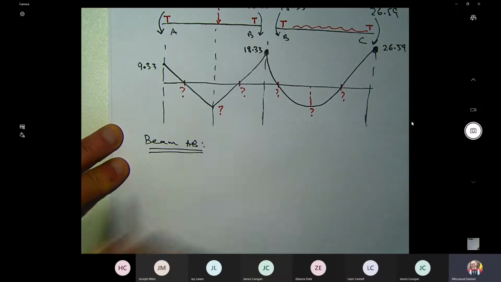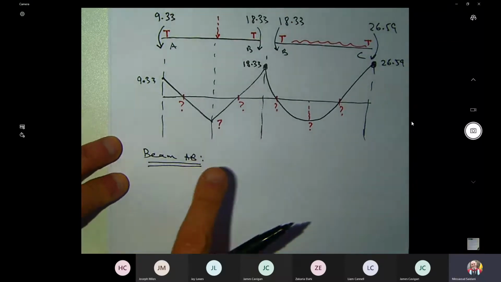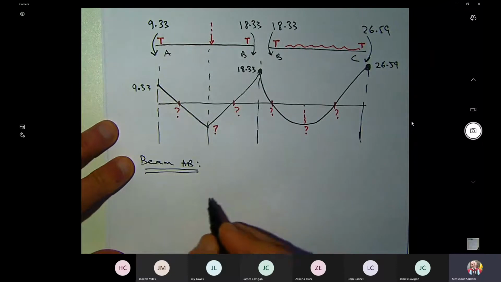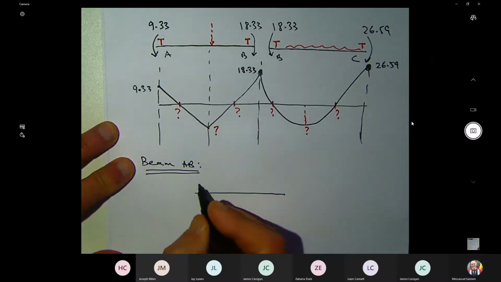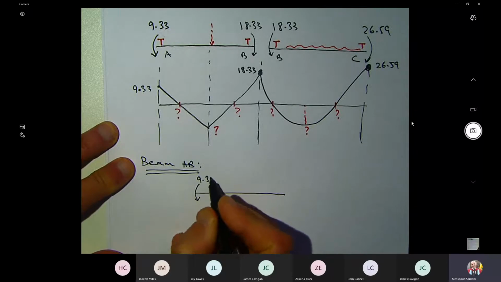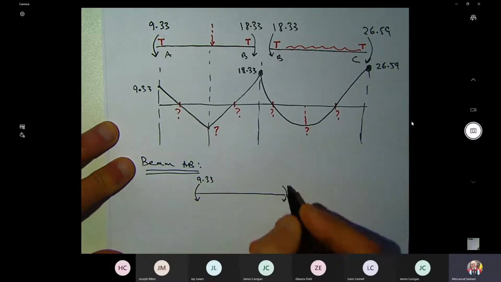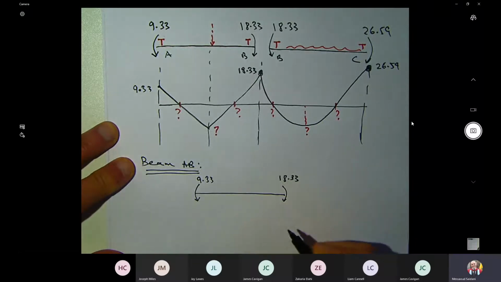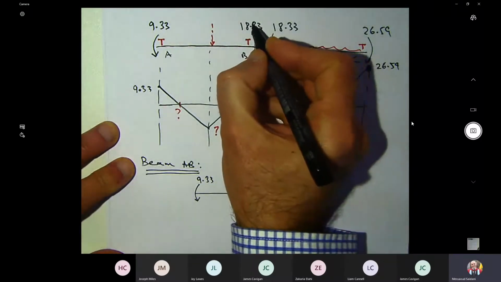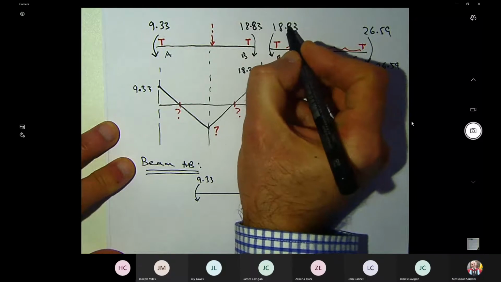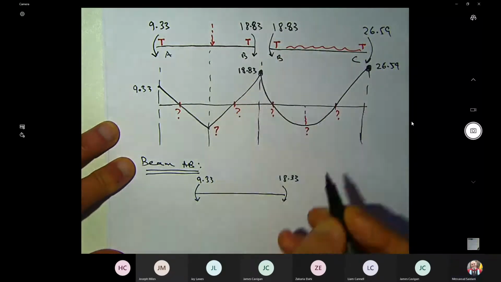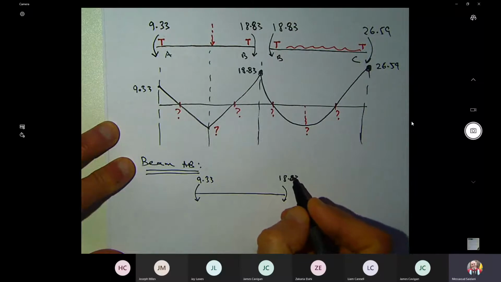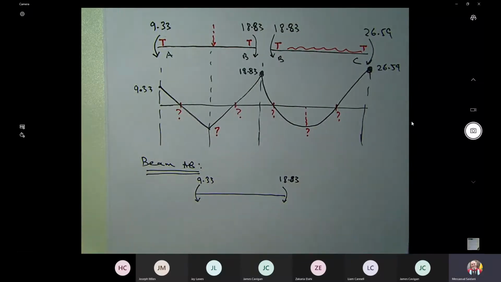So we start with beam AB here. Can you see that? This is AB. We have 83, clockwise 1883, okay?